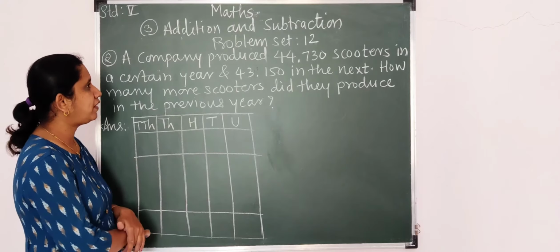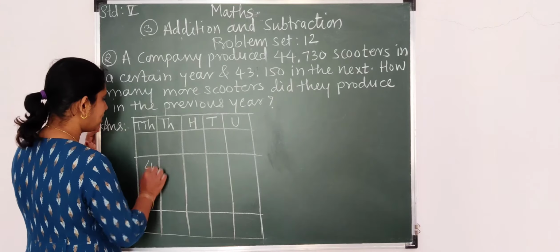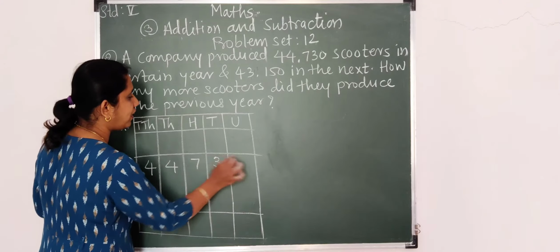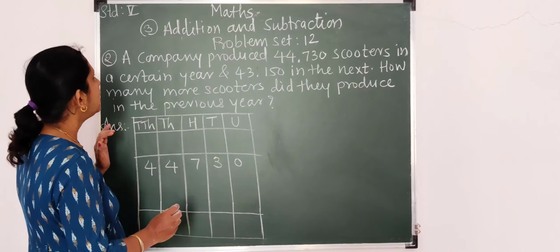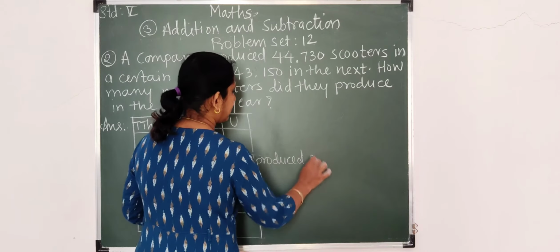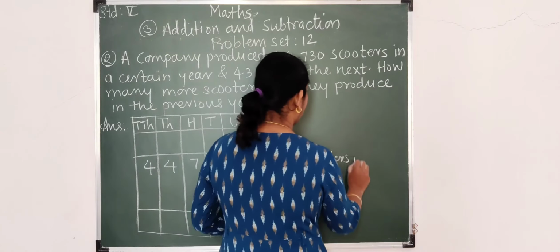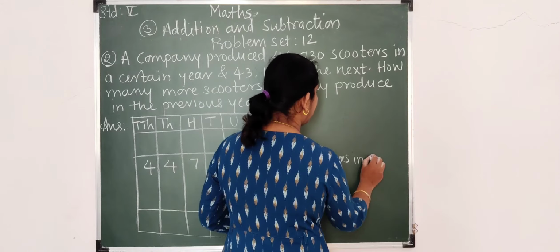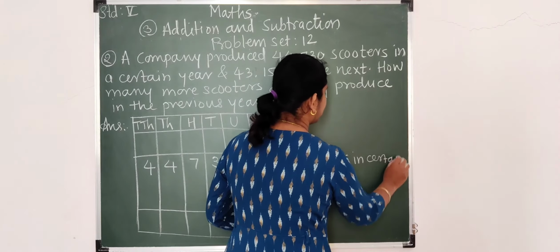See, I have prepared a table over here. Let's fill the numbers. 44,730 produced scooters in certain year.